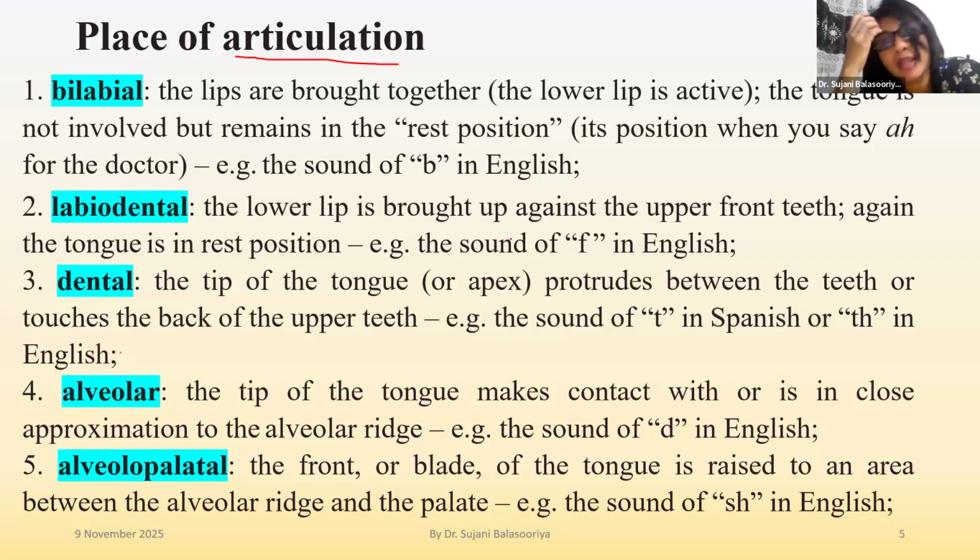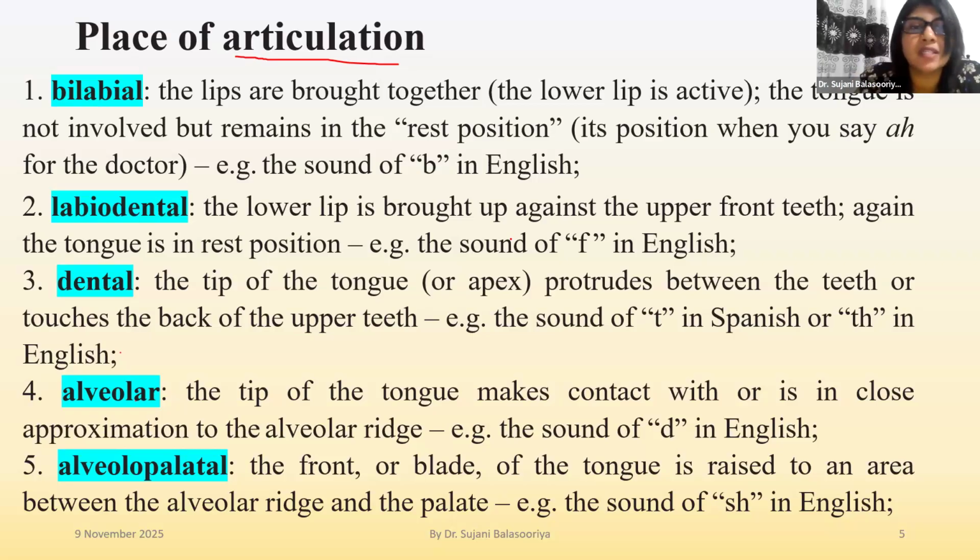So what do you mean by bilabial? Simply, you can remember it: bi means two, labial means lips. Any consonant sound produced using both the upper lip and the lower lip is a bilabial consonant.